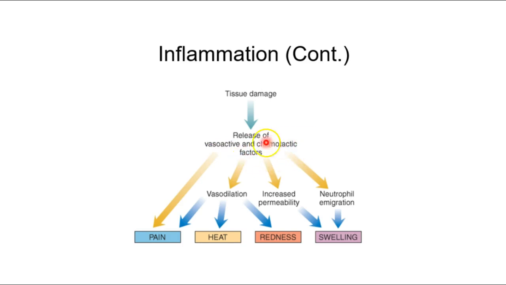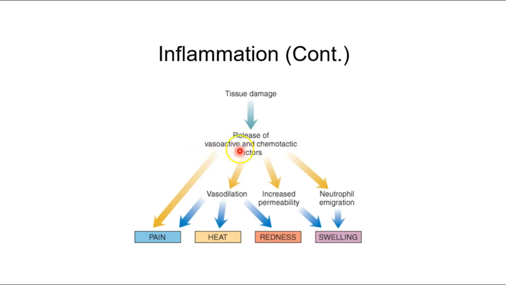So chemotactic factors, chemotaxis, is defined as a chemical signal. It's a chemical signal that attracts white blood cells. Chemotaxis is a white blood cell moving towards that chemical signal. So a chemotactic factor is going to be anything released by cells, living or dead, probably dead, that invite more white blood cells, that attract them.